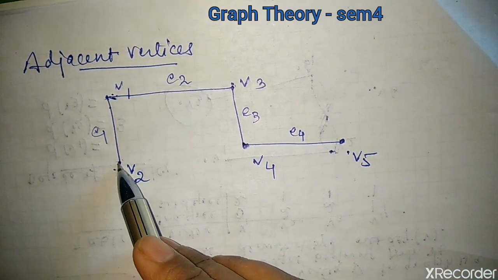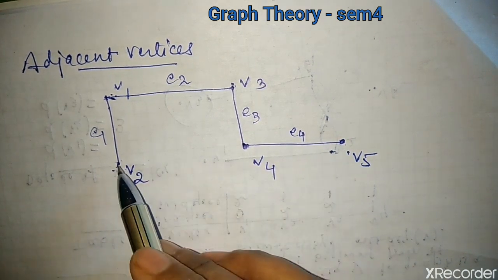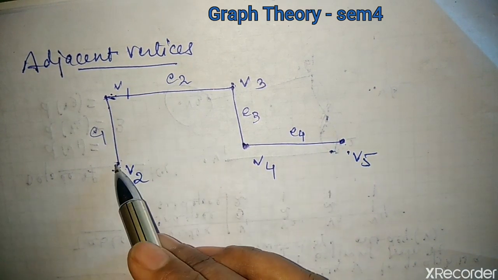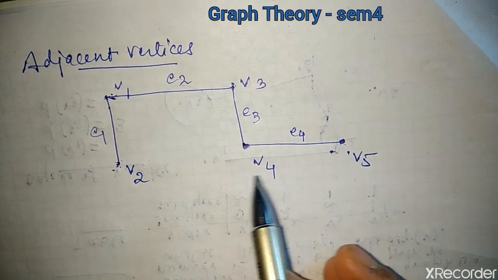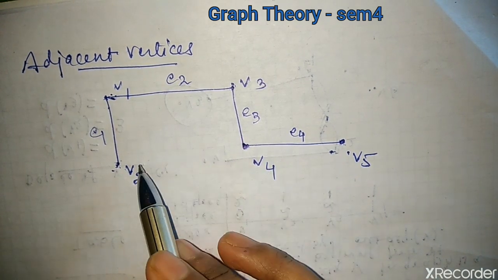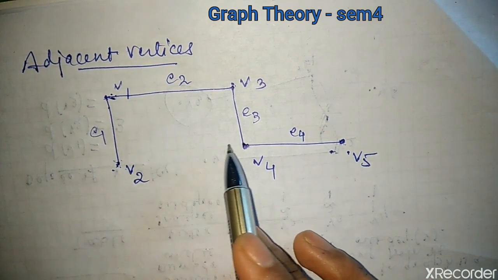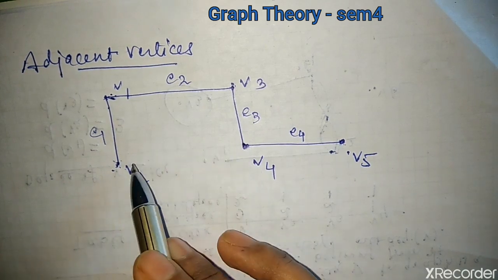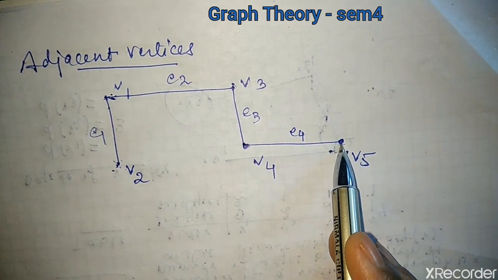But V2, V5 are not adjacent because V2 and V5 are not connected by an edge, since there is a gap between V2 and V4. So we cannot say that V2 is joined to V5.